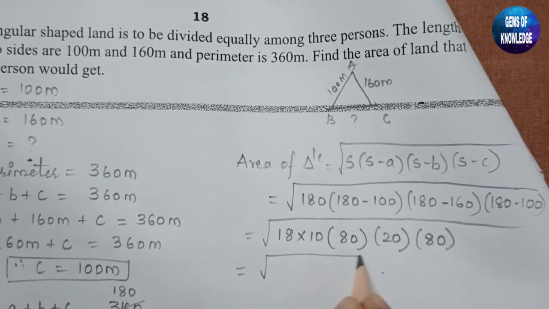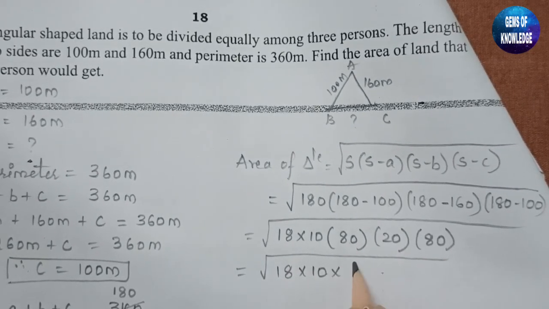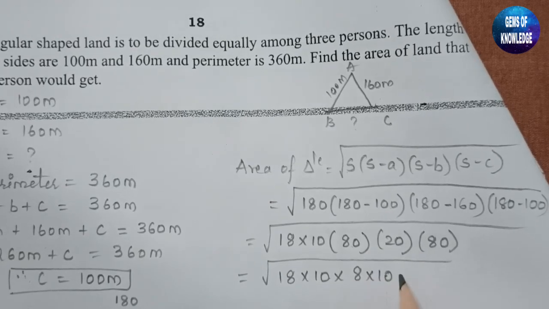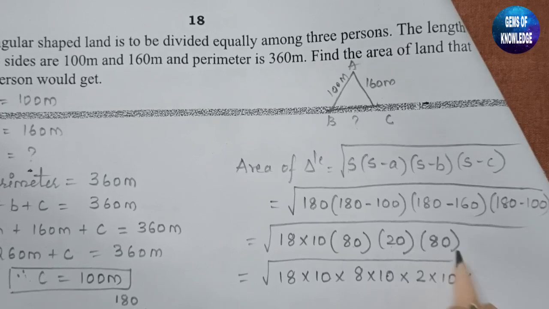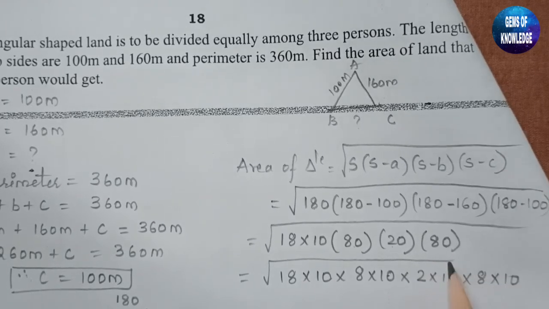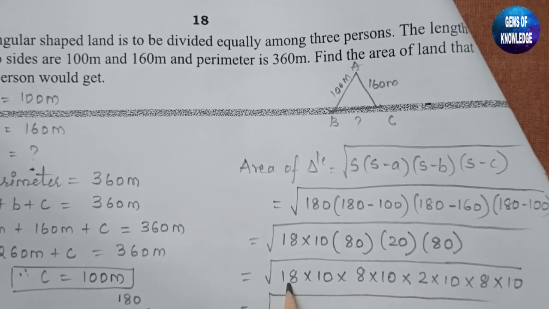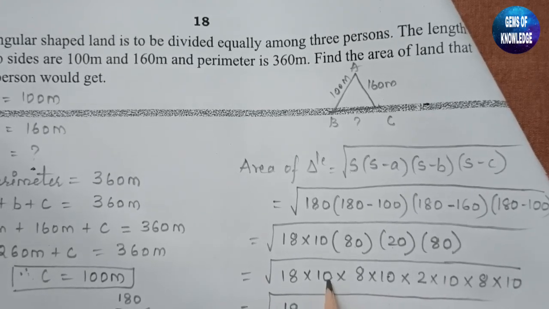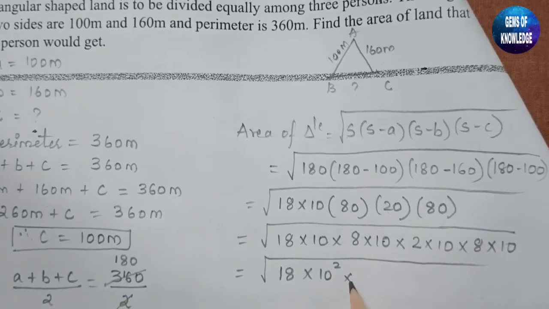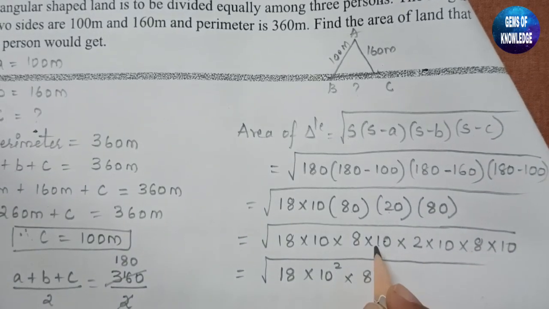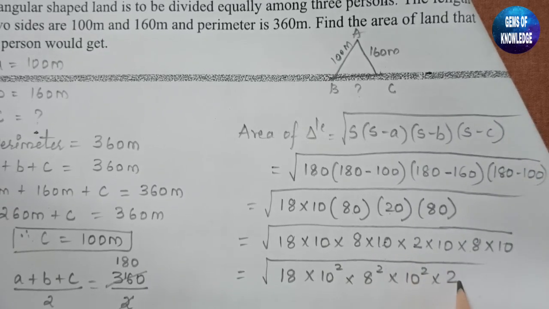So this can be written as 18 into 10, we will keep it as it is, into 80, which can be written as 8 into 10, into 20, which can be written as 2 into 10, and again 80 can be written as 8 into 10. So we get 18 as it is, 10 into 10 is 10 square, 8 into 8 is 8 square, again 10 into 10 is 10 square, and this 2 will be as it is.